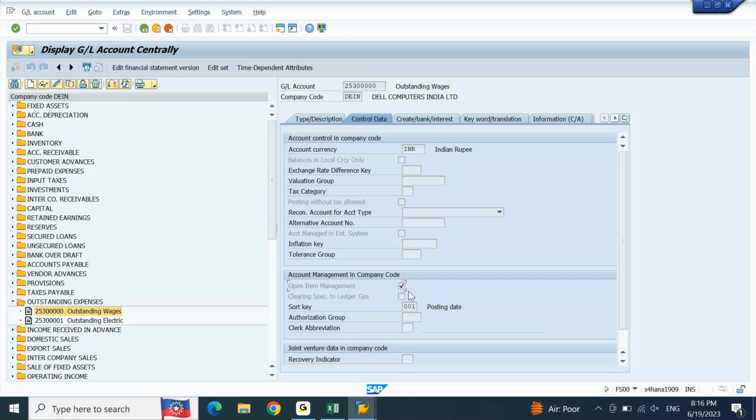Point number one, you are not giving either debit or credit side for the GL account which you are trying to clear. For the clearing, you must have a GL account which is open item managed. Currently, I want to clear this outstanding wages. How I am clearing this outstanding wages is the second side of the story. The first side of the story is you must have a GL account which is open item managed. If you're talking about this clearing entry, this is straightforward.